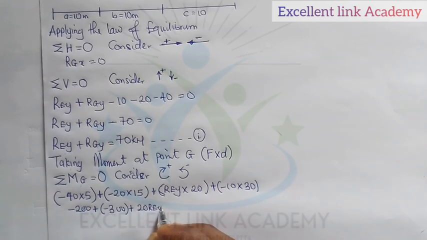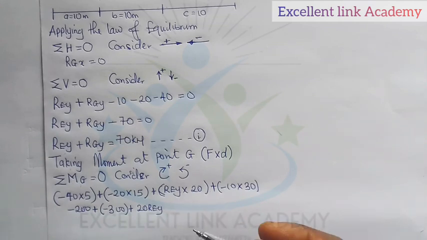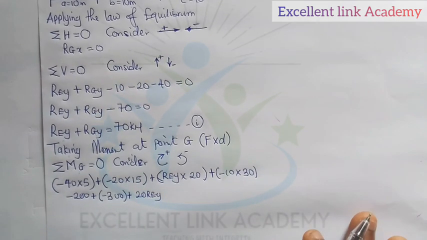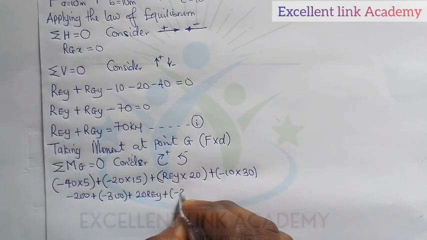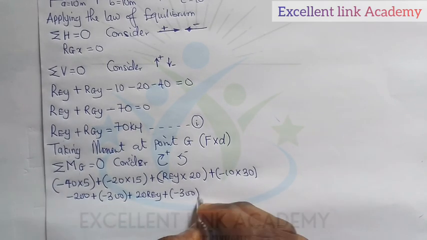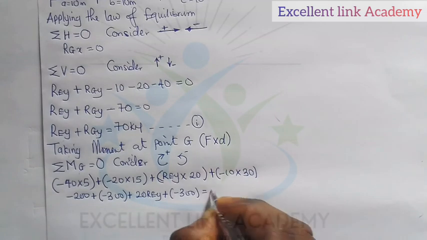Number comes before alphabet, so 20 REY, right? So into minus 300. I have this is now equal to 0 at this point too.